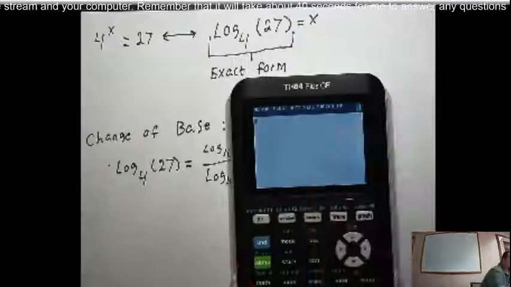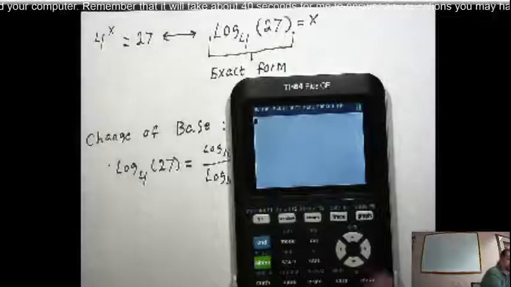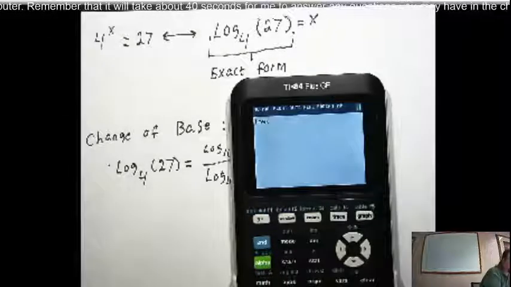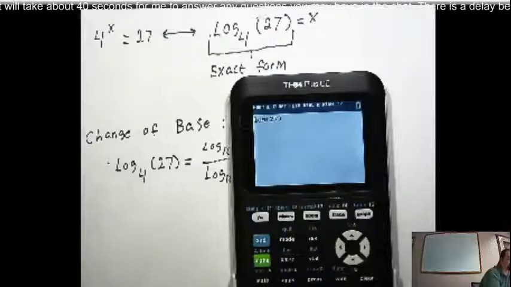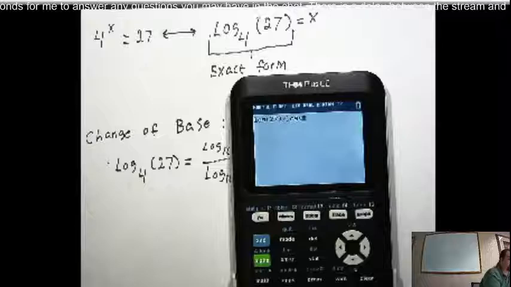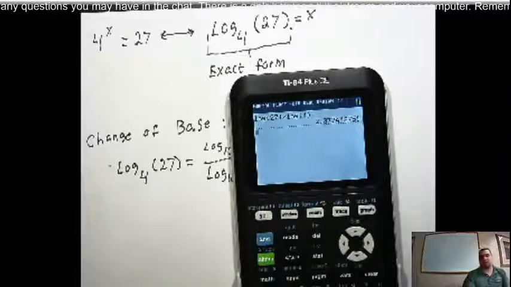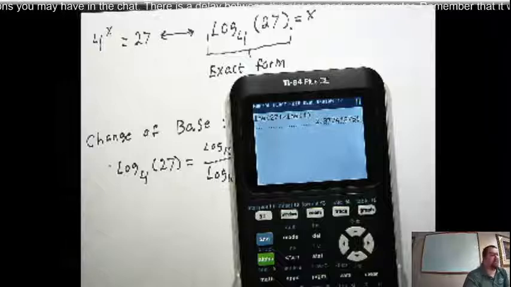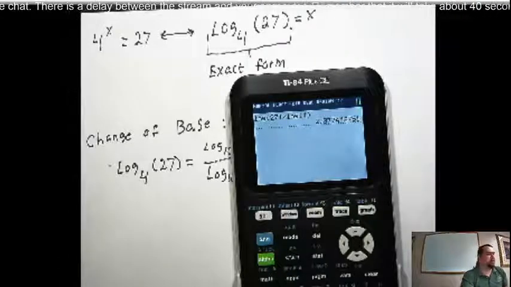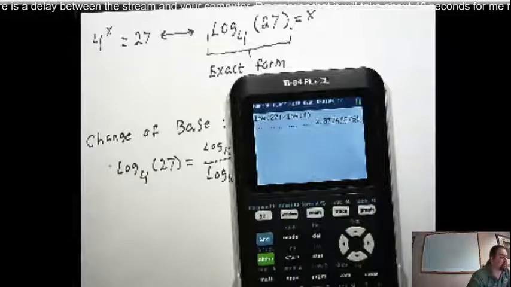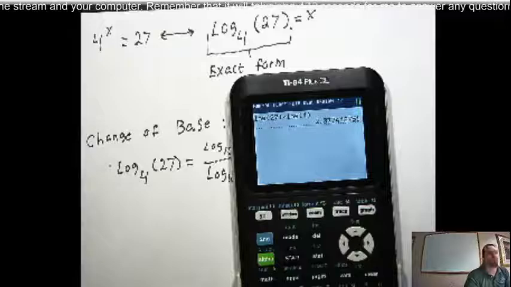So let's see that. Let's do log of 27 divided by log of 4. And we get an answer of about, not sure how easy that is to see on the screen, 2.377443751, so on and so forth.